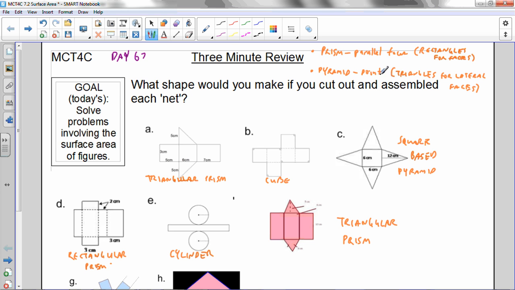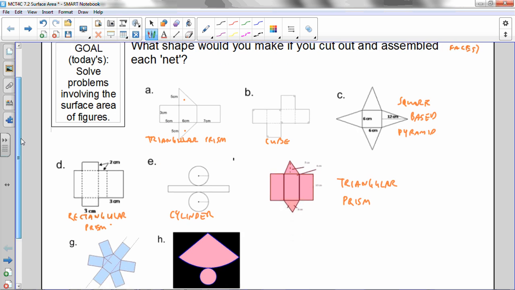And so this one, you say, well, hang on, there's a triangle. No, those are the two parallel faces. Those two are exactly the same, and then the other faces are rectangles. That's how I know it's a triangular-based prism. This one, I can see the triangles would fold up to a single point, and it's a square-based pyramid. And you see the other ones.